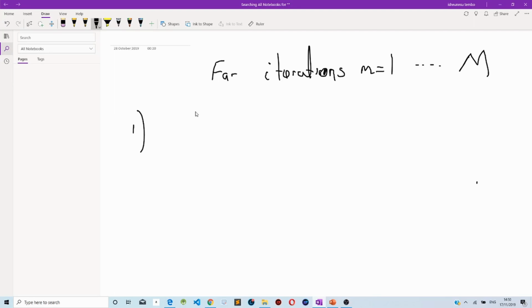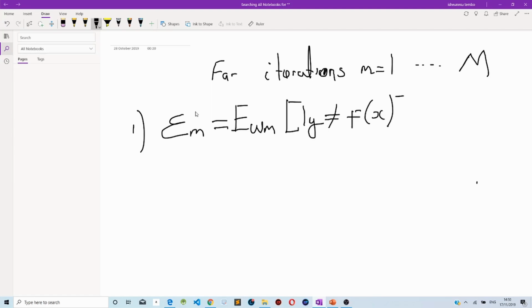So the first stage is we fit weak classifiers, and then we select the one with the lowest weighted error.